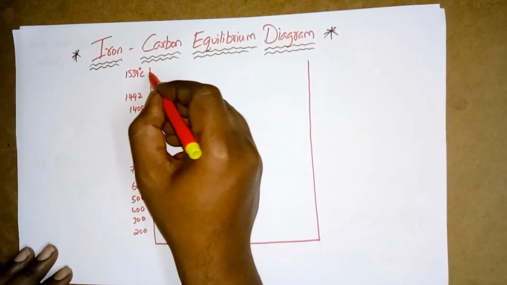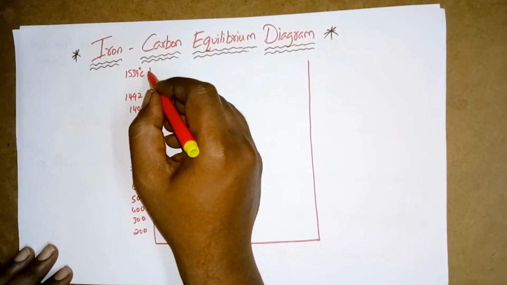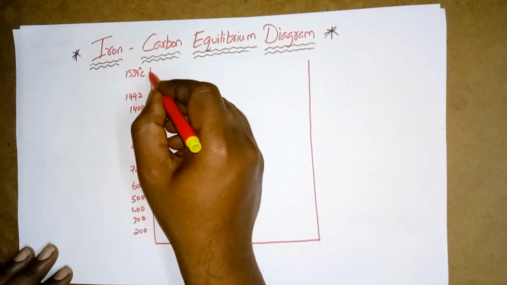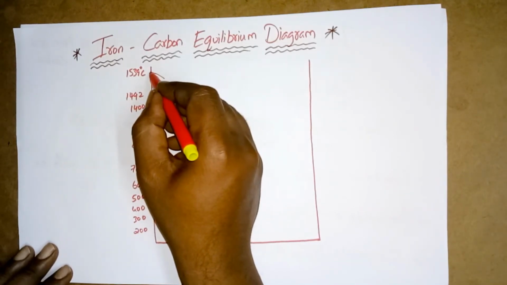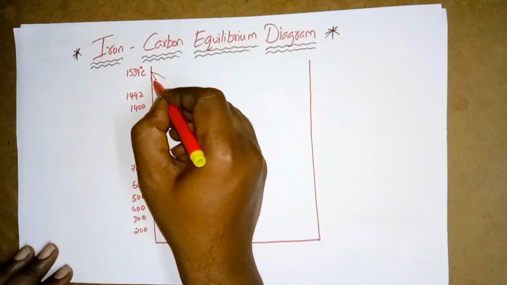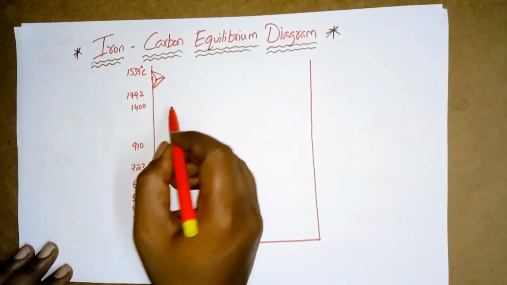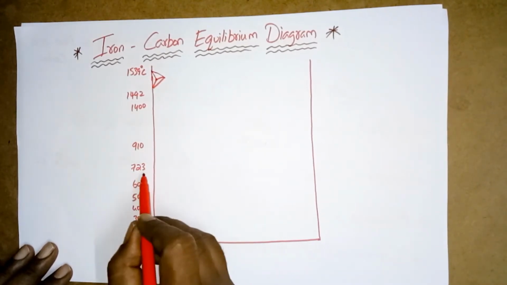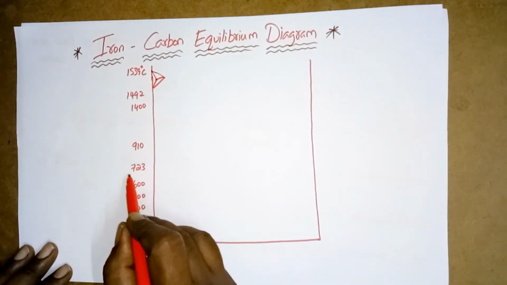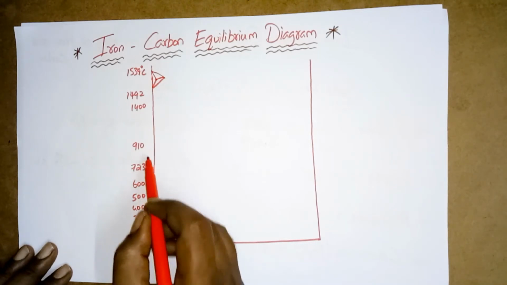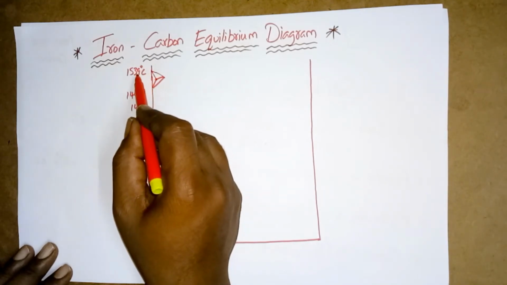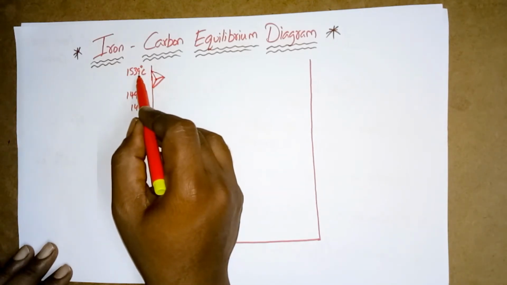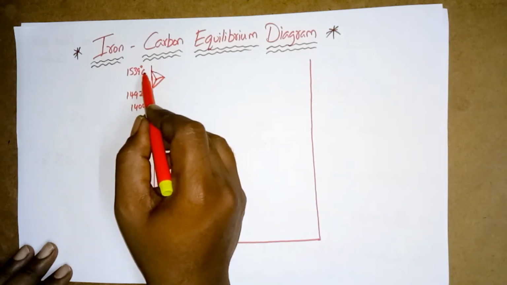First we will show what stages are involved. In our last class we came to know what is happening at 723 degrees centigrade and at 910 degrees centigrade. Now we will start with the melting temperature of iron, 1539 degrees centigrade.